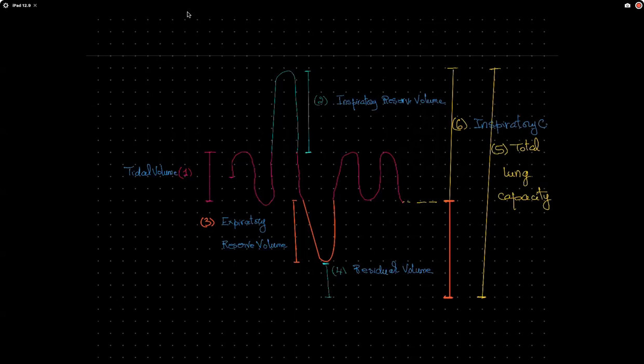Most of the time, this amount of air is not going to be moving to the outside of the lungs. It's kept trapped inside the lungs. So what do we call this amount of air? It's exactly the functional residual capacity.